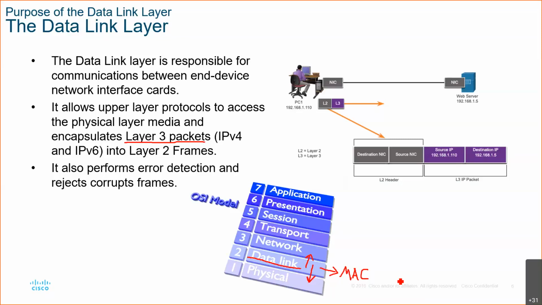Another important aspect of this data link layer is error detection and rejecting corrupt frames. This is very important. If there is rejection, then you can send it all over again.